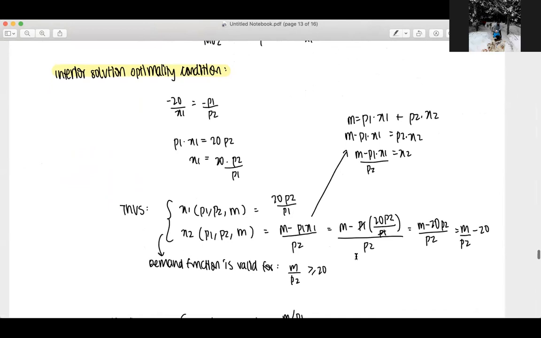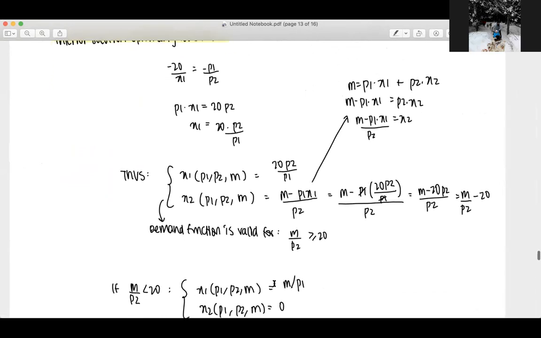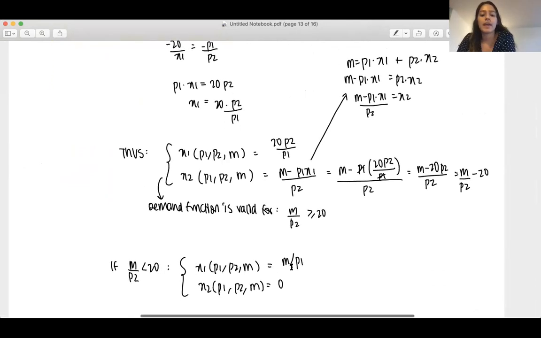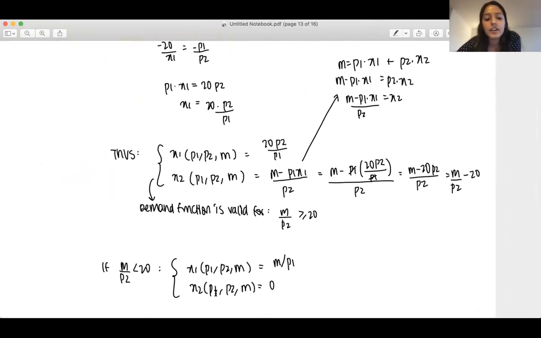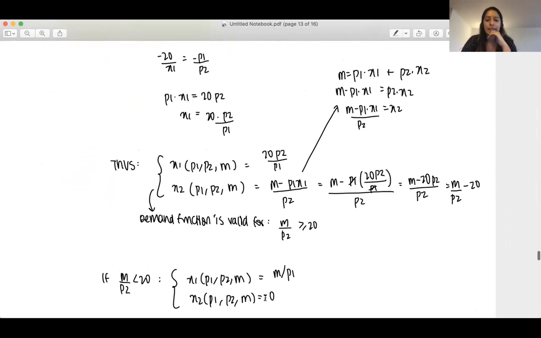Yeah, I still don't have clear how you got the m over p1. Okay, so do you understand why it's 0 here? Yeah, I got that one. I can't write it out now because the whiteboard function isn't working, but if you look at this equation, m is equal to p1 times x1 plus p2 times x2.